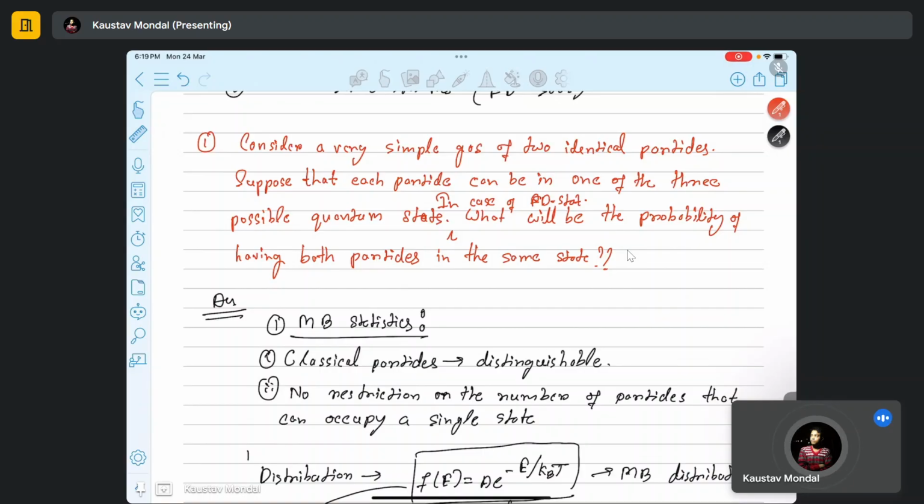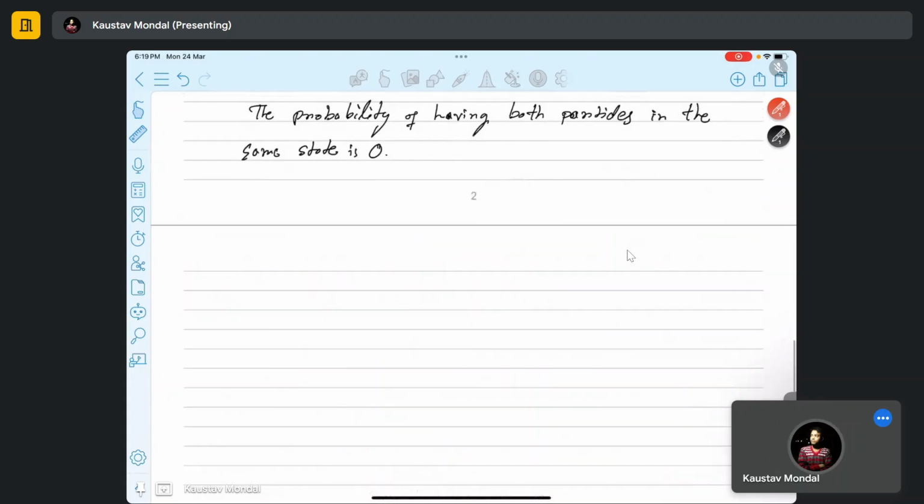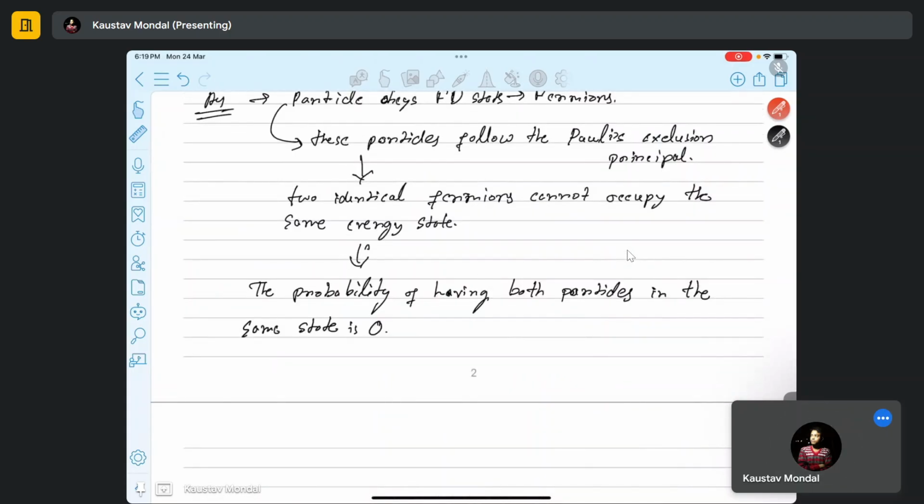So this indirectly tells us that the probability of two fermionic particles sharing the same energy state will be simply 0. Okay, so this is question 1.